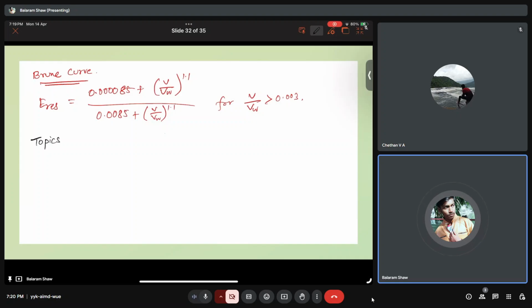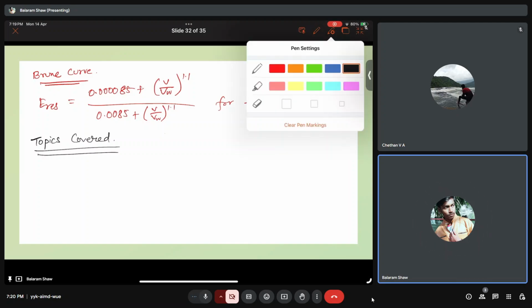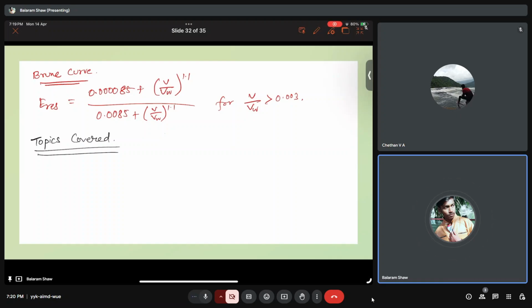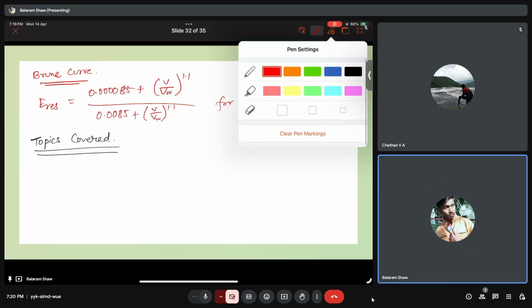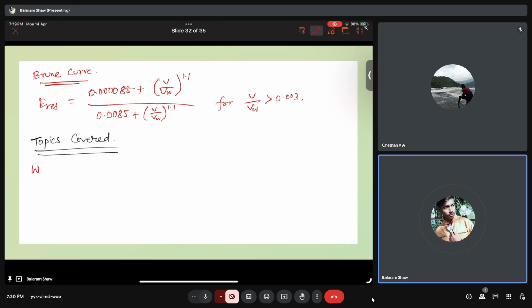So we have seen what is watershed, what is hydrology, right? Then we moved to what is hydrological cycle, what are its components. The components we have seen, the hydrological cycle components like precipitation, evapotranspiration, abstraction, storage change, runoffs.